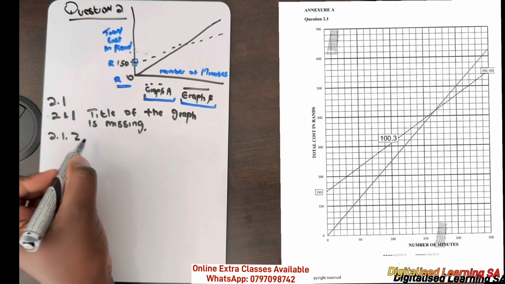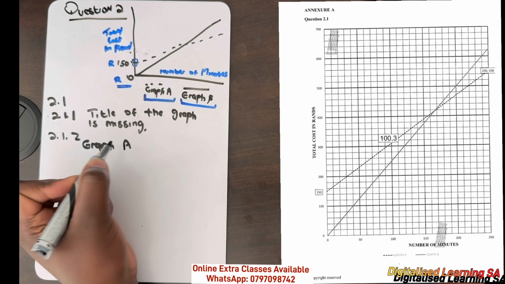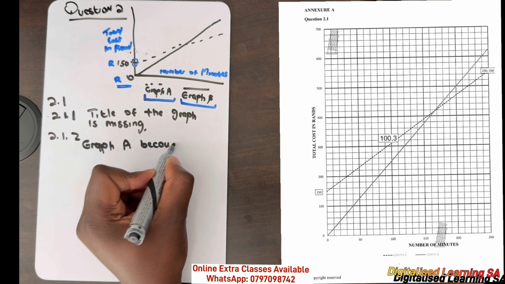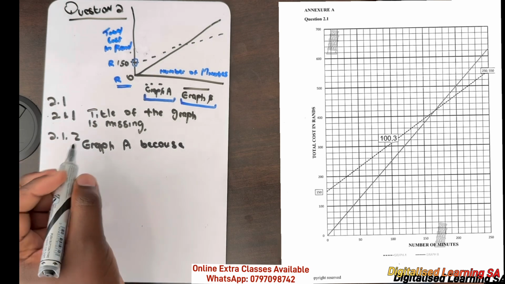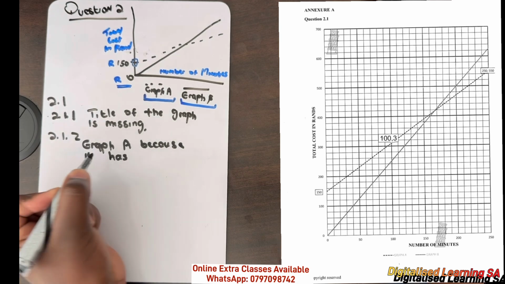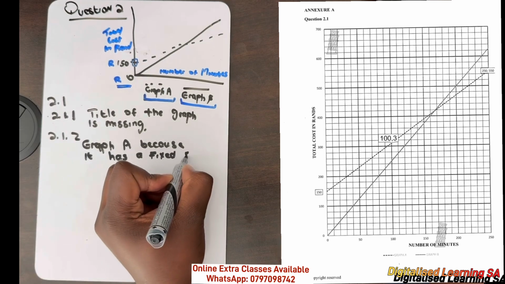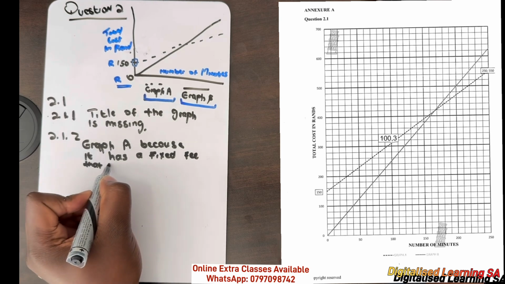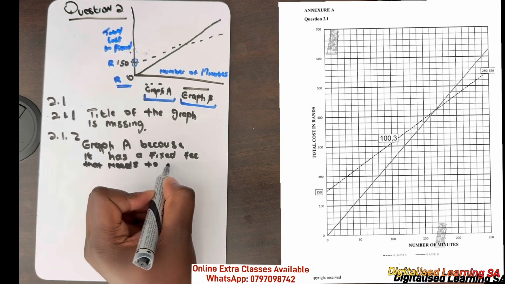We will say graph A, because it has a fixed fee that needs to be paid.